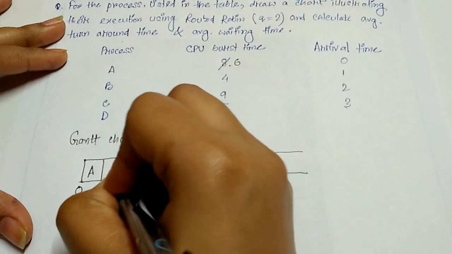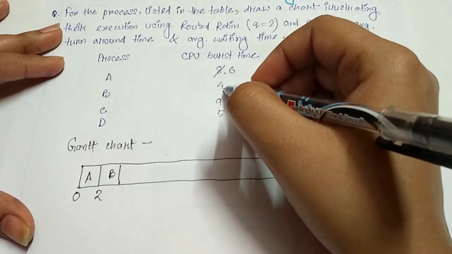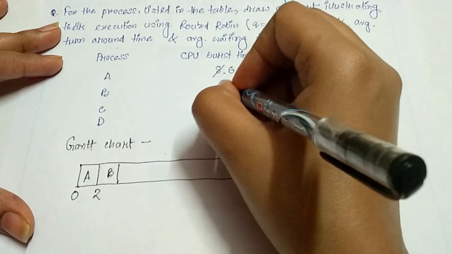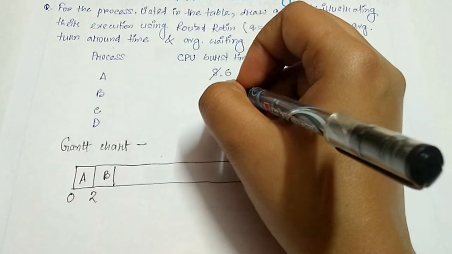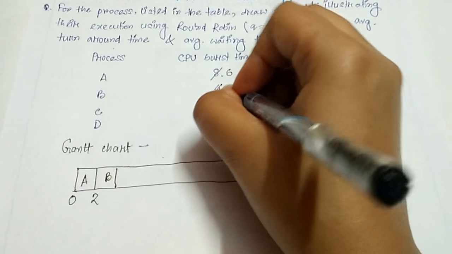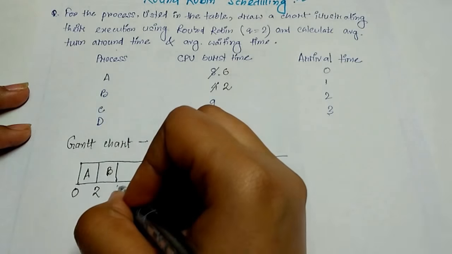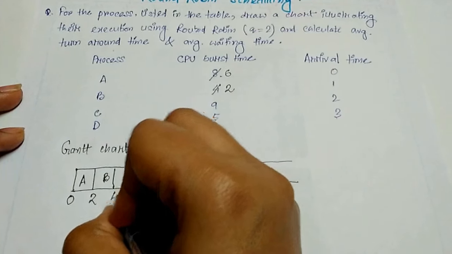Then comes B. The CPU burst time of B is 4. So we can only take 2. If we take 2, 2 will remain. And adding this 2, 2 plus 2 is 4.